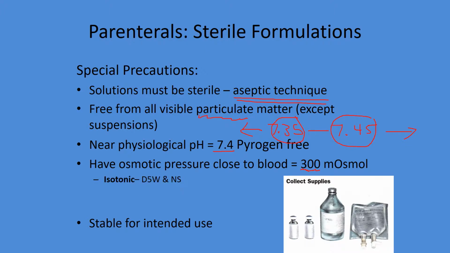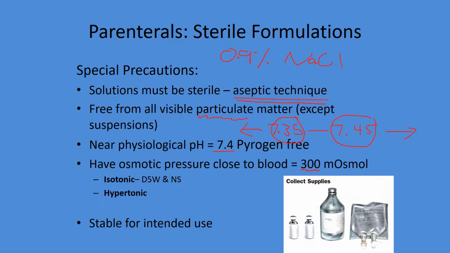So the two most common are isotonic. That means they're balanced with blood. Dextrose 5% and NS, which is 0.9% sodium chloride by definition. So those two are the most common solutions because they are isotonic.